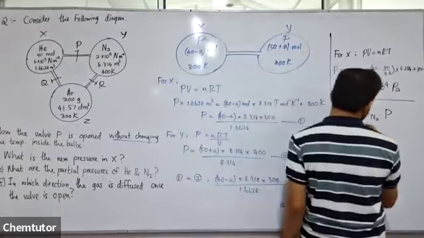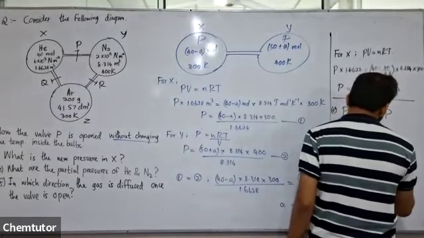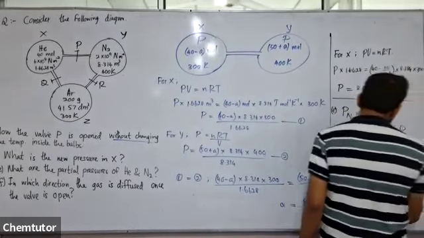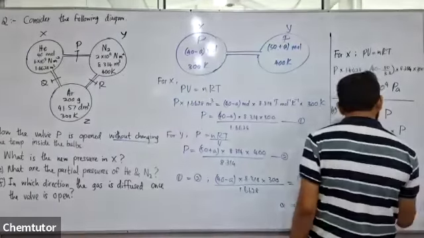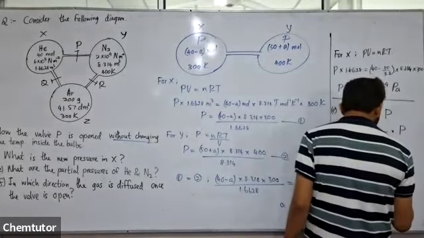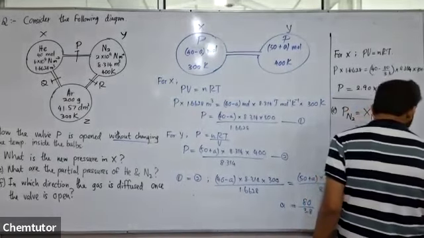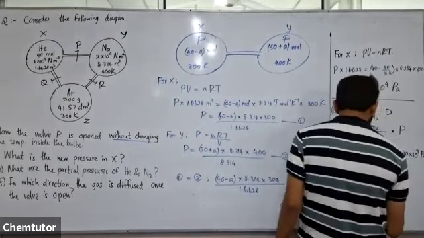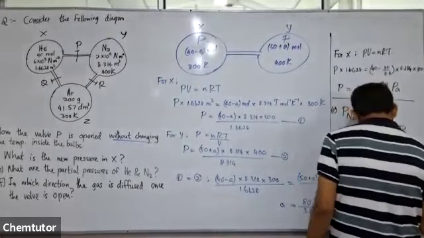Mole fraction of nitrogen means the number of moles of nitrogen divided by the total number of moles of N2 plus helium. The moles of nitrogen is 50, helium is 40, into total pressure 2.90 into 10 to the power 4. So the answer will be 50 divided by 90 into 2.90 into 10 to the power 4.